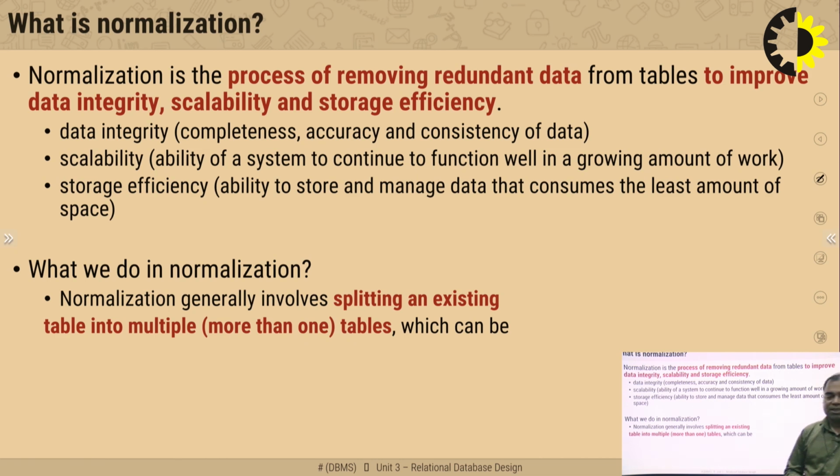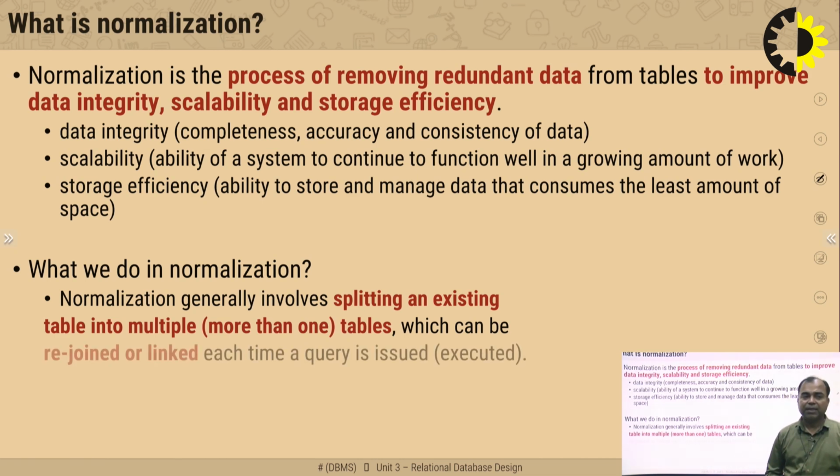So we can split these tables into more than one table, which can be rejoined or linked each time a query is issued or executed. So we just split it, and when a query is fetching some valuable information from that data, then we can have a join process also. So we rejoin or link those tables so that we can find a valuable amount of information from that data.